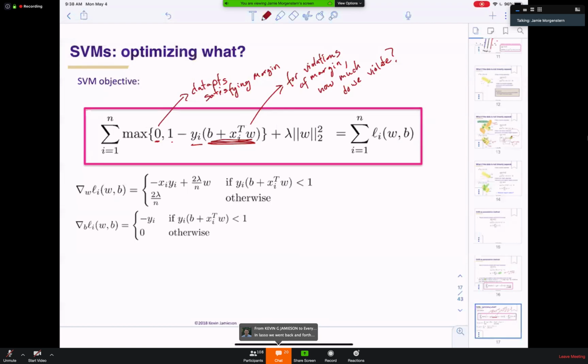Okay, so this is just another way to view the SVM objective.